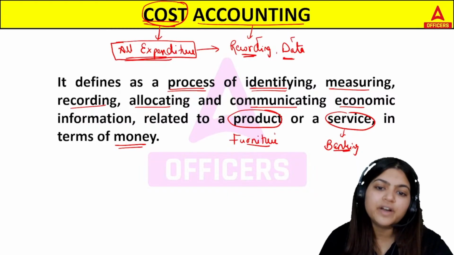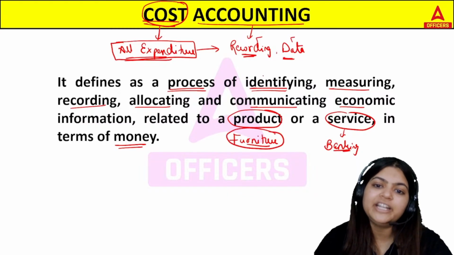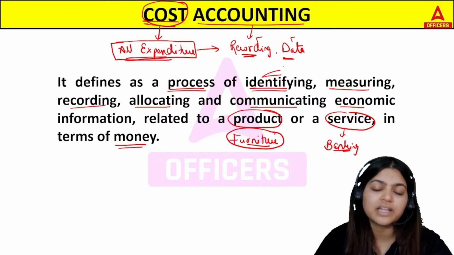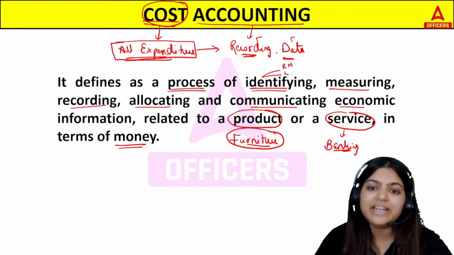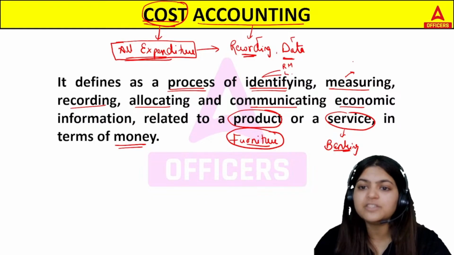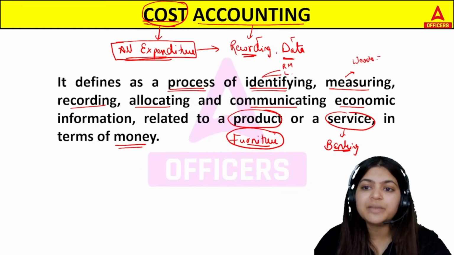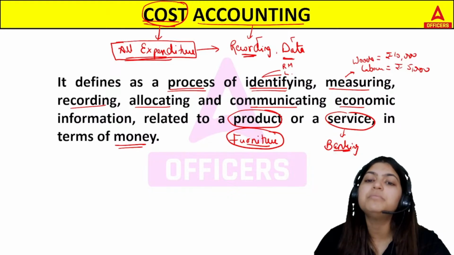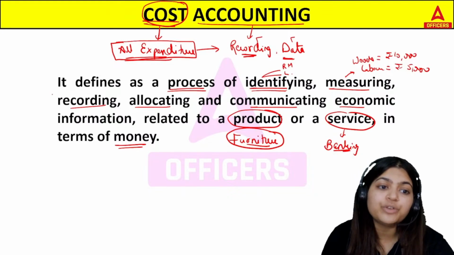For furniture, I need to identify types of expenses like raw material and labor. Then measuring means how much cost I have paid. For purchasing wood, I paid rupees 10,000. Labor payment is around, suppose, 5,000. So I'm measuring it. Now I'm going to record in my books.